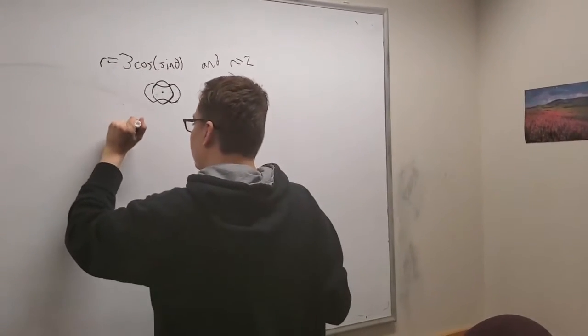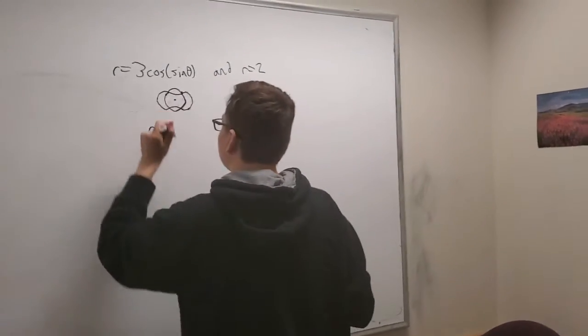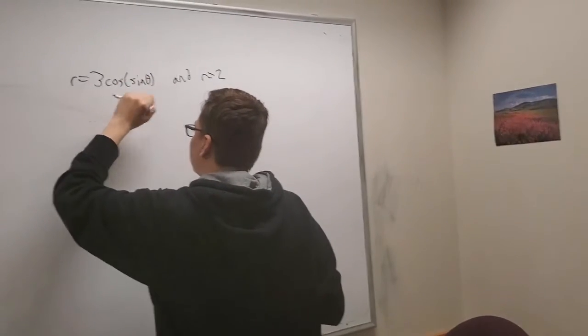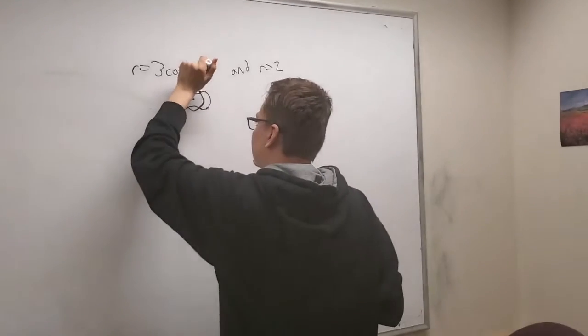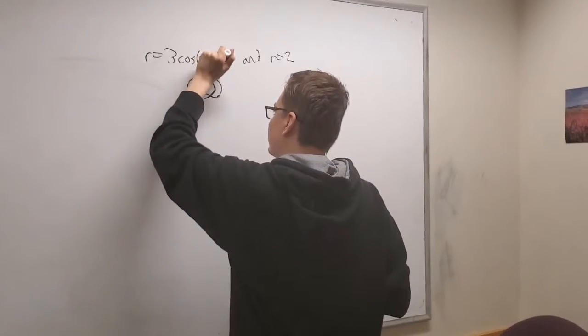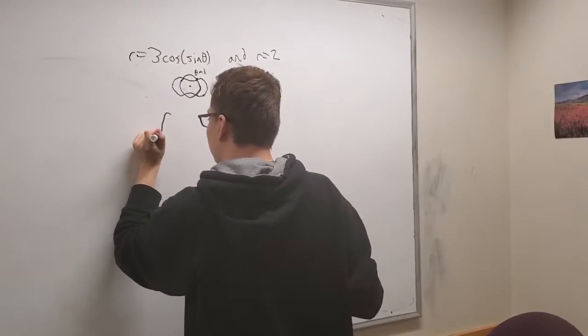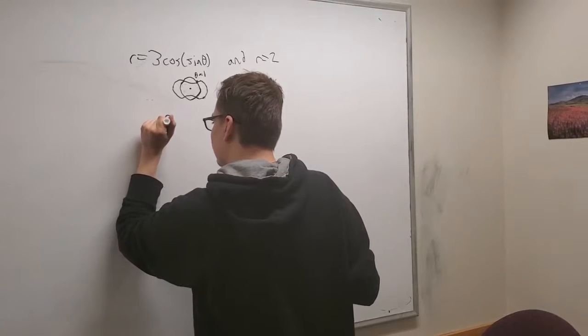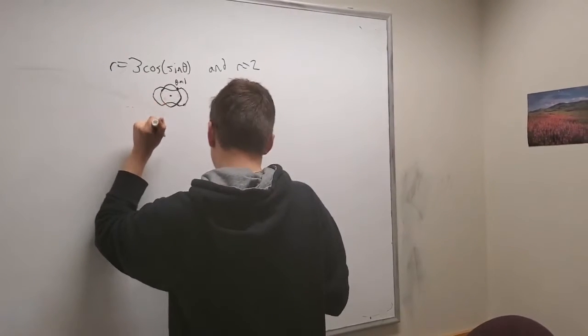which means you have to do an integral. You need to find where the graphs intersect, which is when theta equals 1. So you're going to have an integral from the start to 1.